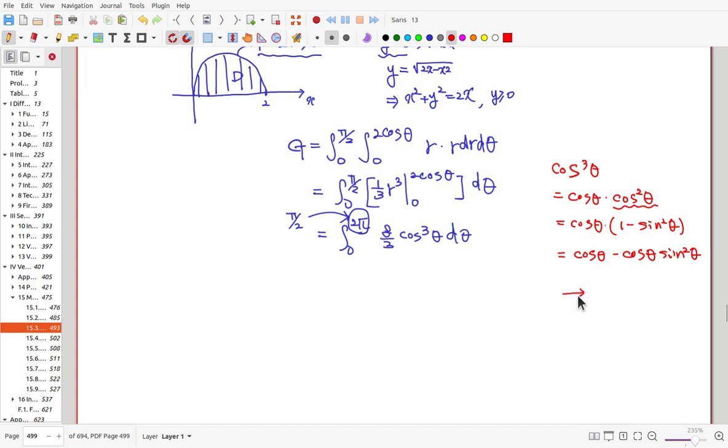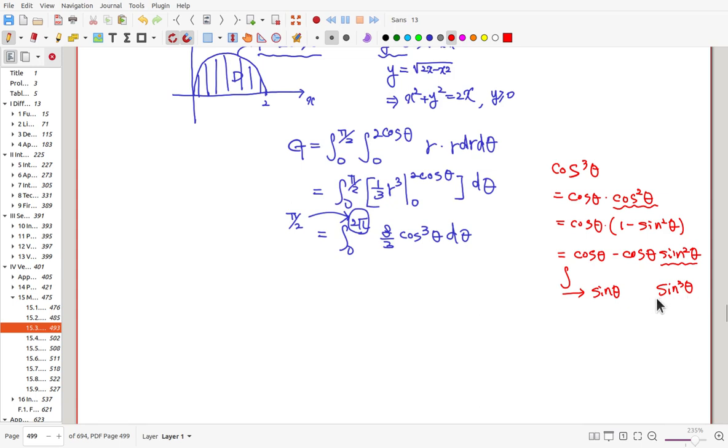From this first term, you can get sine theta. From this one, the main part must be sine cubed theta. If you take the derivative of that, it makes 3 times sine squared theta and cosine theta.